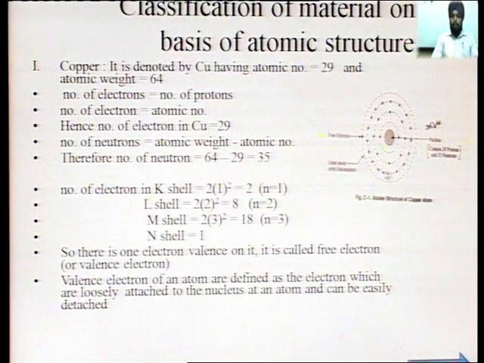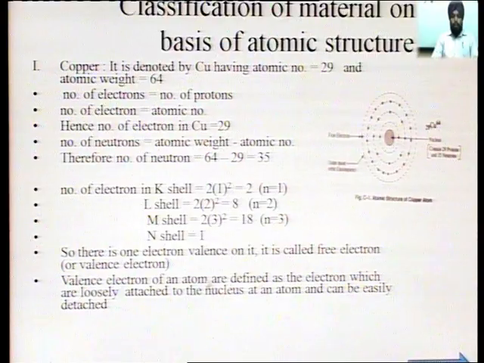last orbit is called the valence electron, which can be easily detached from the nucleus. All the other electrons are held by the force of the nucleus. So this last electron is loosely attached to the nucleus and can be easily detached from this atom. So there is one valence electron on it, called a free electron or valence electron.